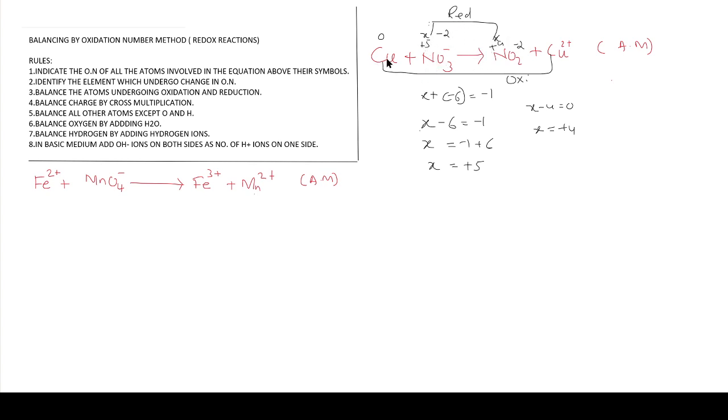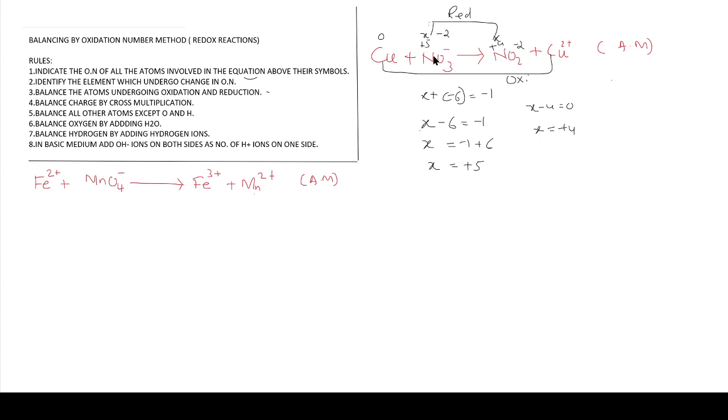So we have found that the oxidation state of copper has changed from 0 to +2, and that of nitrogen from +5 to +4. So the second step is also done. Then the third step, we need to balance the atoms undergoing oxidation and reduction.